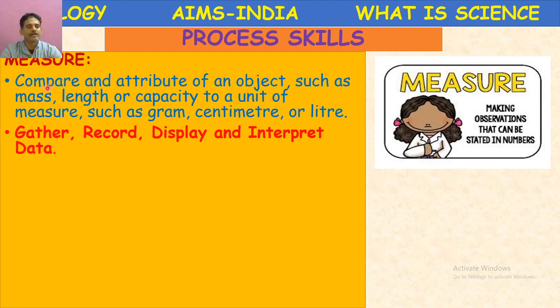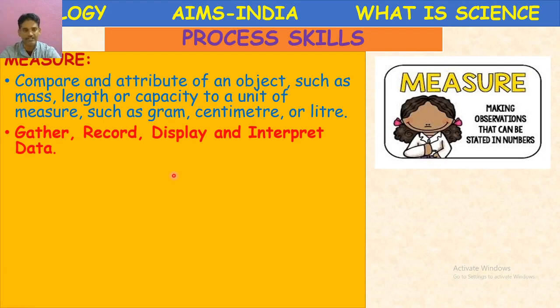Next, in measuring: gather, record, display, and interpret data. These are the steps. First gather, then record, then display and interpret data. Interpreting means you match the data you have collected and see how they are correlated to each other.